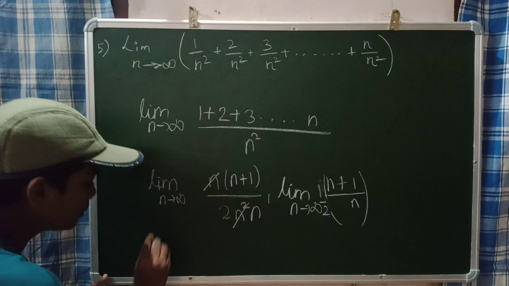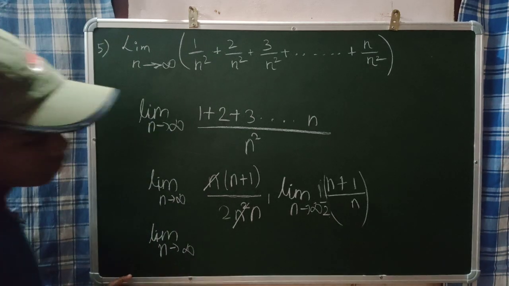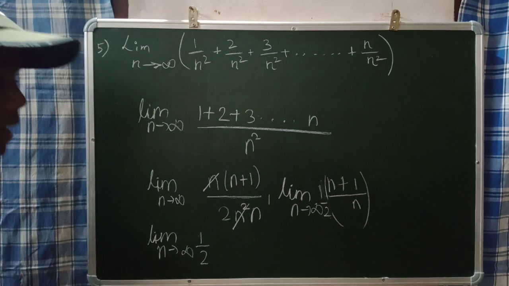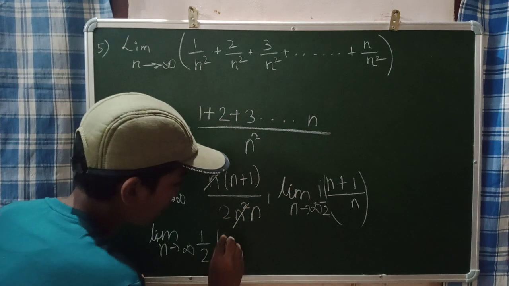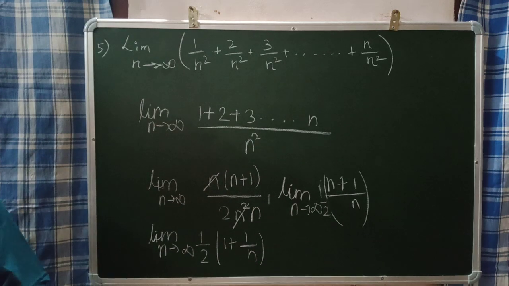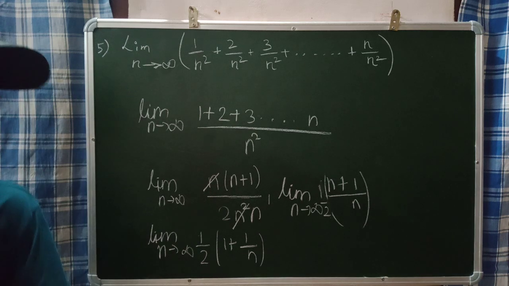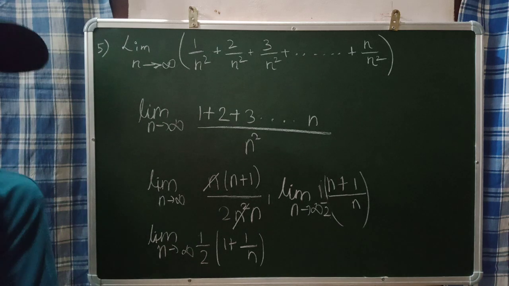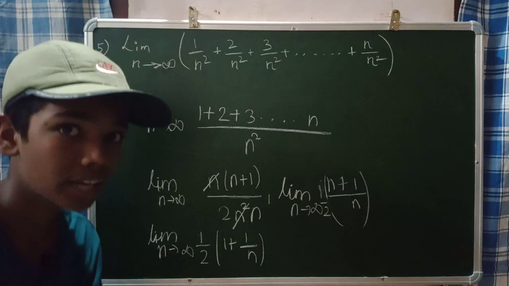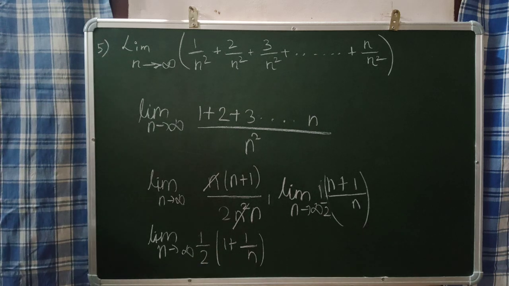So this can be written as limit of n tends to infinity of 1 by 2 into n plus 1 divided by n, which is nothing but 1 plus 1 by n. Just the basic division of algebraic expressions by splitting up terms, which you guys learned in lower grades. So n by n is 1, and 1 by n is 1 by n. Now half into 1 plus 1 by n. So just evaluate now.